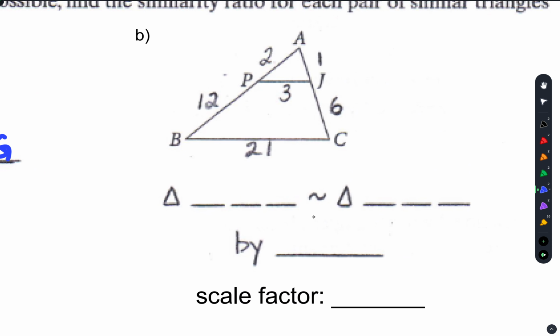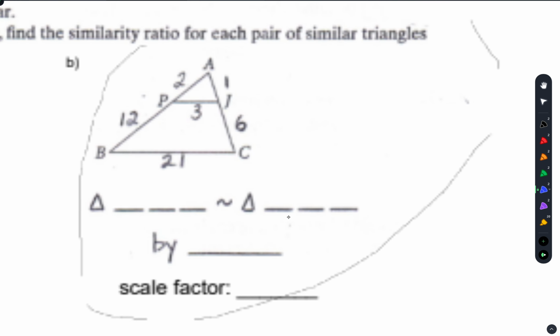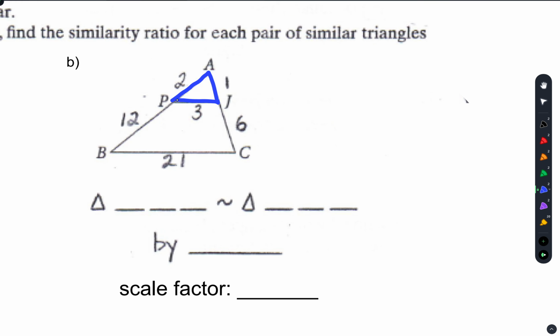Okay, they love an overlapping triangles diagram. The way we tackle these is we're going to draw them out separately so that we can see the individual pieces. So I'm going to take my small triangle, which is APJ, with side lengths 1, 2, and 3.